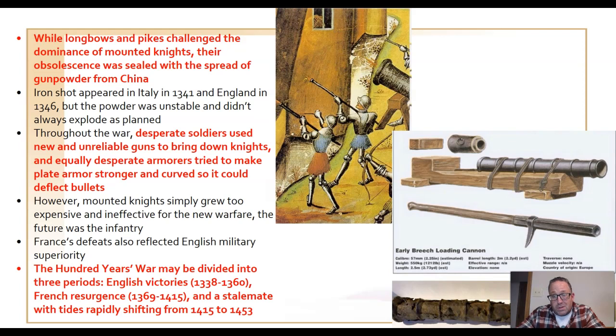Maybe by the end of the war, because it was 100 years, or 116, they were able to fine-tune that technology and make a pretty effective weapon out of it. So effective, in fact, that they could lay siege to a castle, and a cannon could bust through a castle wall. So not only was the knight obsolete, so too by the end of the war were castles.